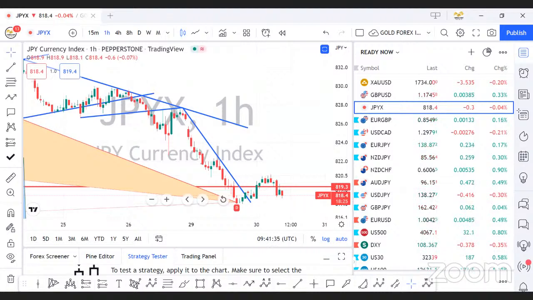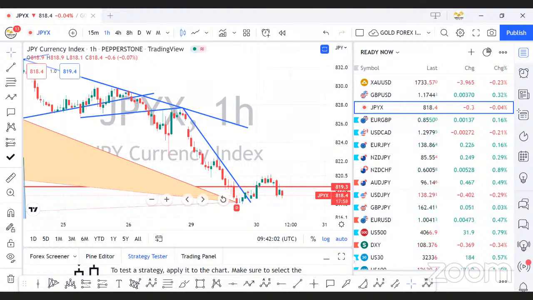Once we have wave 5, I was looking for a big zigzag ABC correction, A, B, and then maybe a C, before we see a drop coming down or a final change in direction of the market.